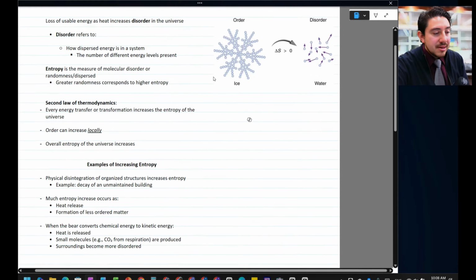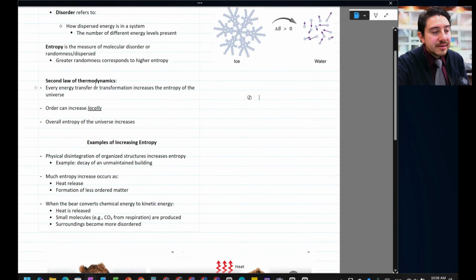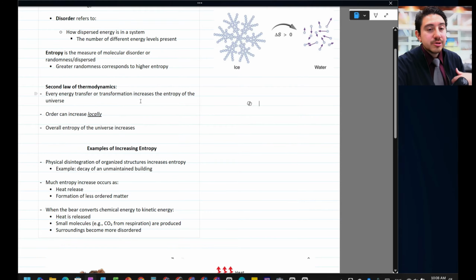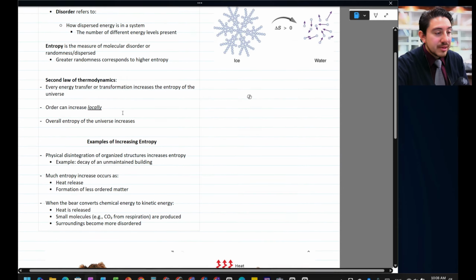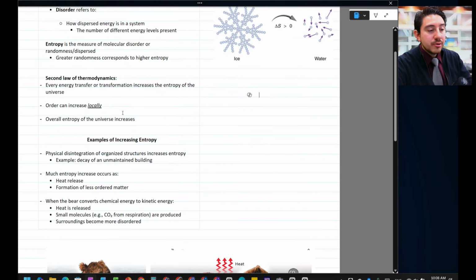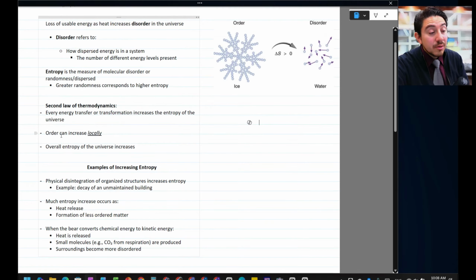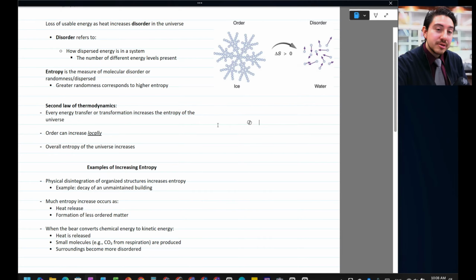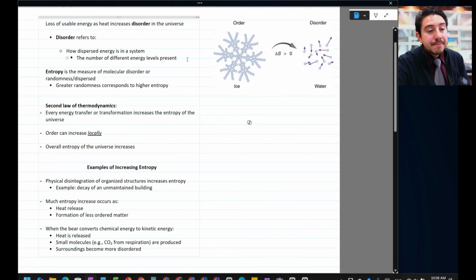The second law of thermodynamics is that every energy transfer increases the entropy of the universe because you're getting heat liberated there. Every energy transfer will increase entropy. So you can have order increase locally. Let's say you have chemical reactions that are creating very stable, organized products, as we see in living systems, or at least the formation of ice structures.